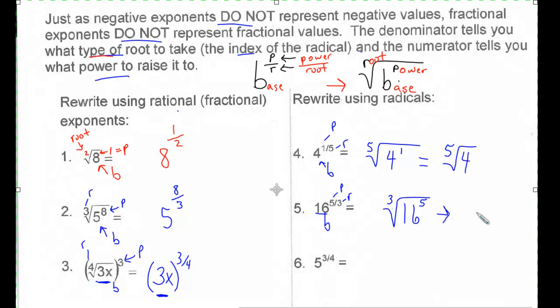I'm going to go one step further, and this is the same thing as the cube root of 16 raised to the 5th power. 5 to the 3/4. 5 is the base, the power is 3, and the root is 4. So we have the 4th root of 5 cubed.